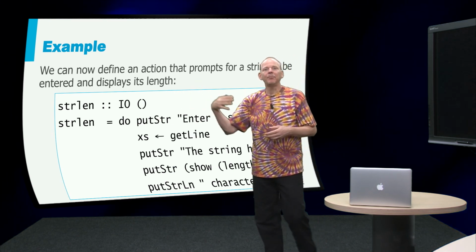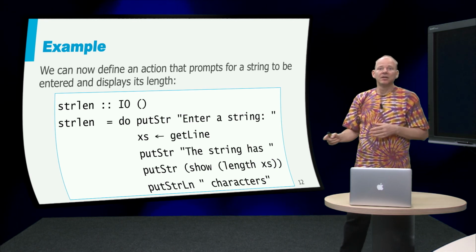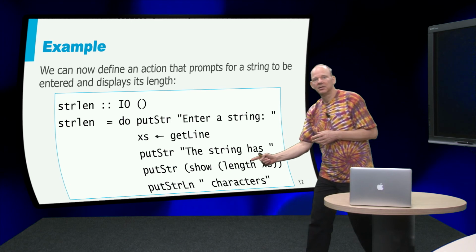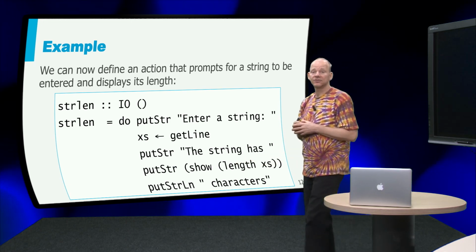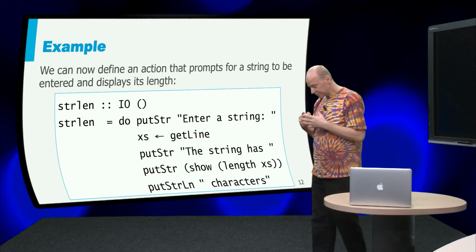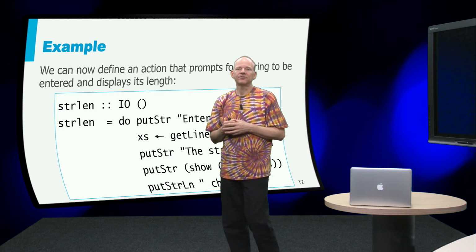So we can imperatively read a string from the standard input, then use regular list functions on that string, and then imperatively, within the IO monad, write this to the standard output.